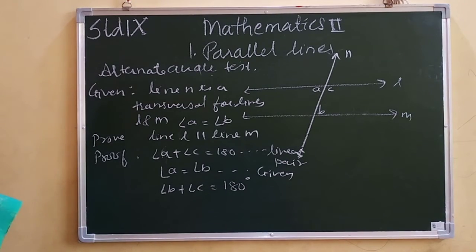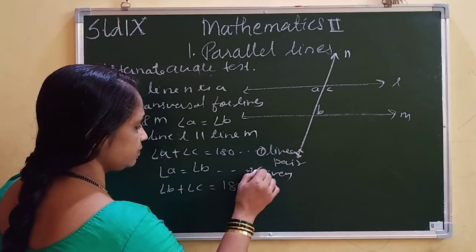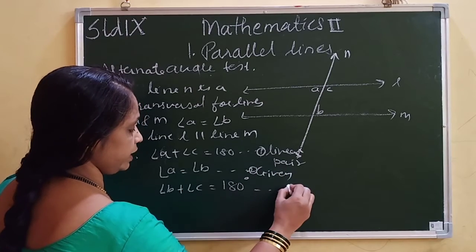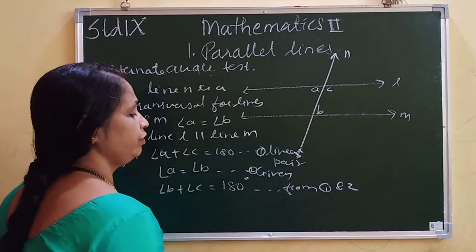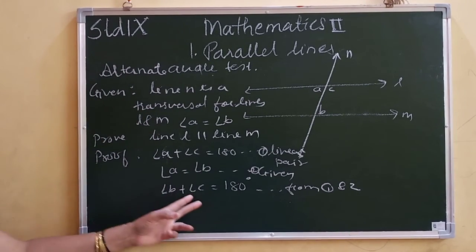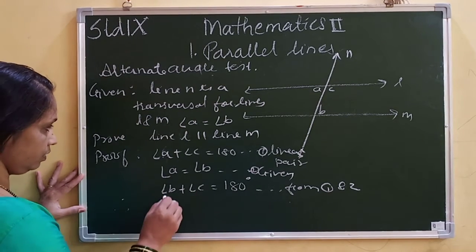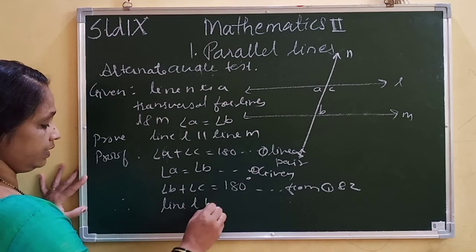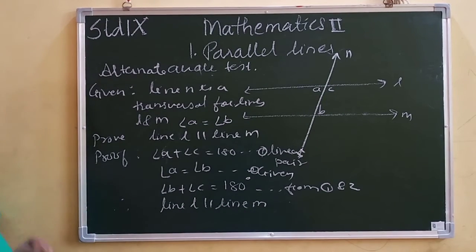Okay, angle B plus angle C will be 180 degrees. How have we got this? From these two statements, from 1 and 2, we have got that the sum of B and C is equal to 180 degrees. So therefore line L is parallel to line N. Okay, therefore line L is parallel to line N.